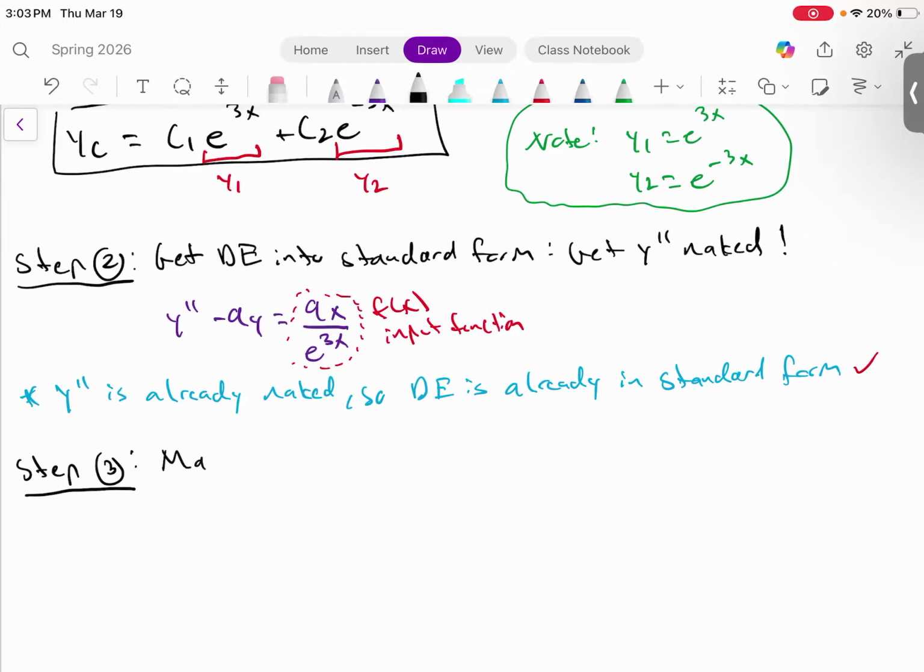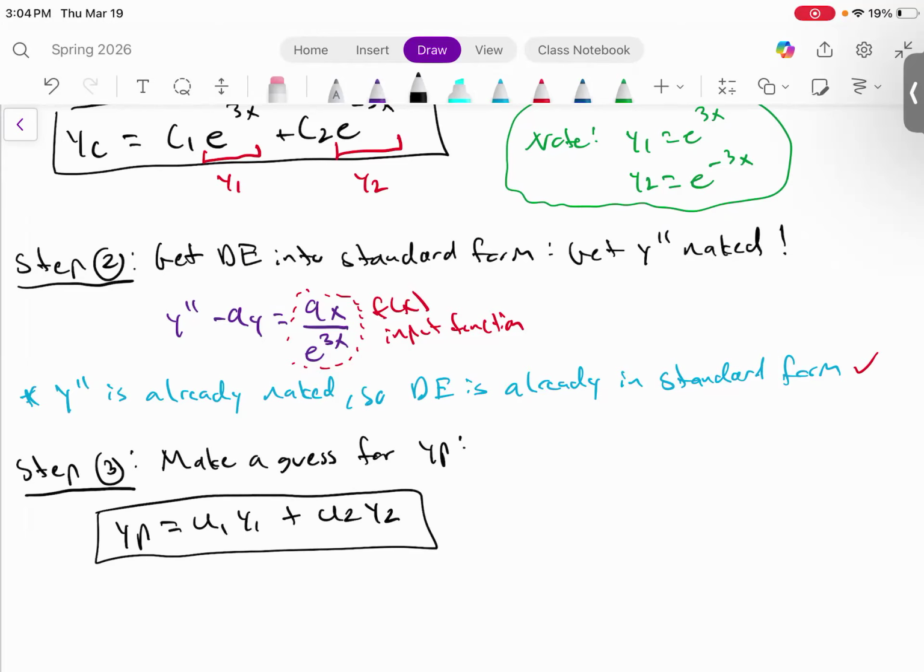So here we make a guess for the particular solution, and the guess would always just be u1 y1 plus u2 y2. That's always our guess.